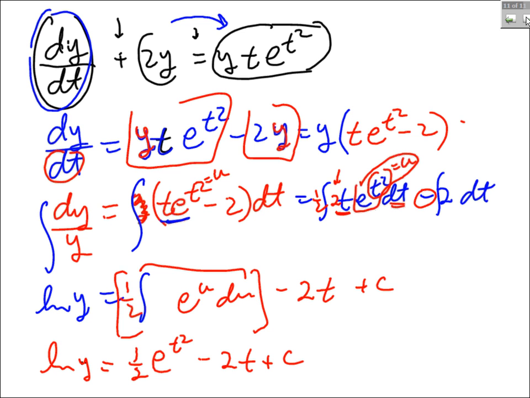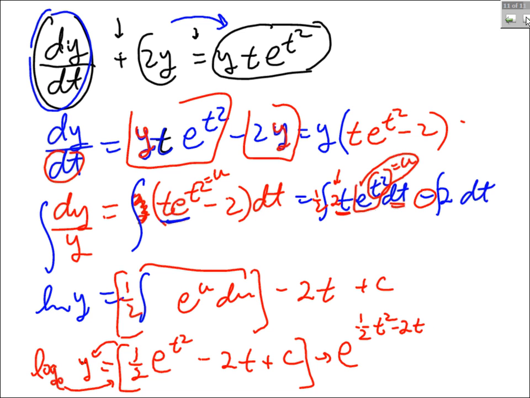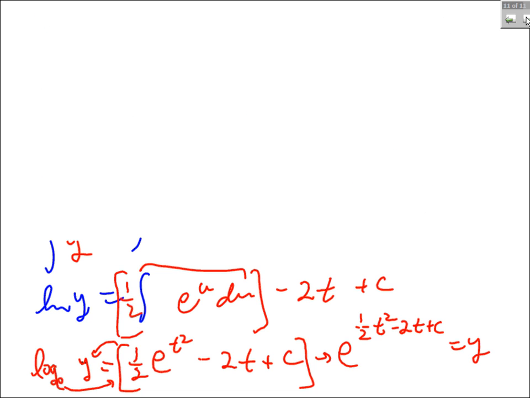Okay. Now remember that ln is a shorthand notation for log base e. E to that power should equal y. E to the 1/2 t squared minus 2t plus c should equal y. Can we bring that c out from inside the power?